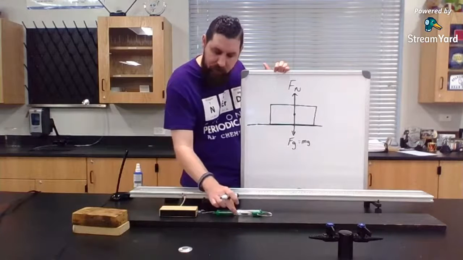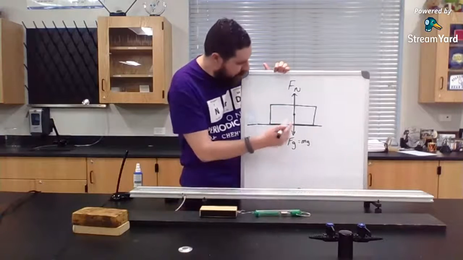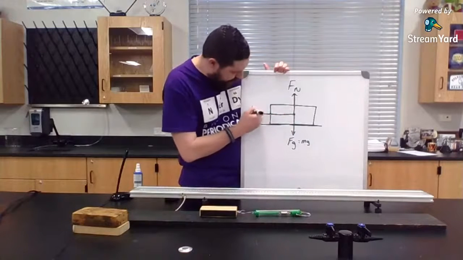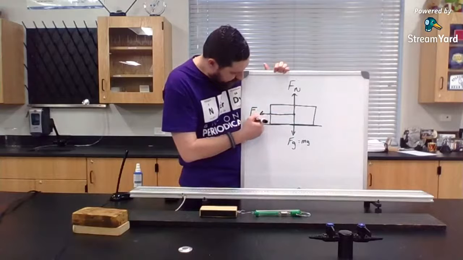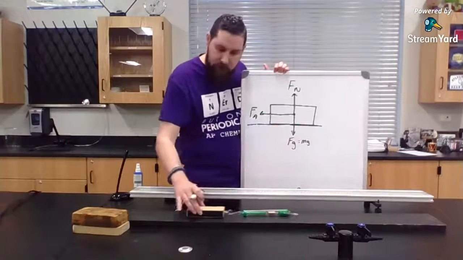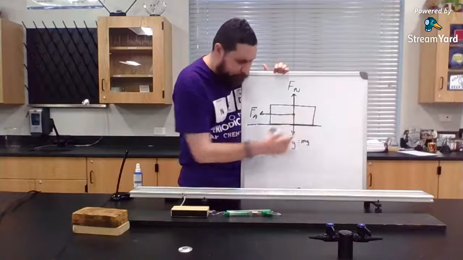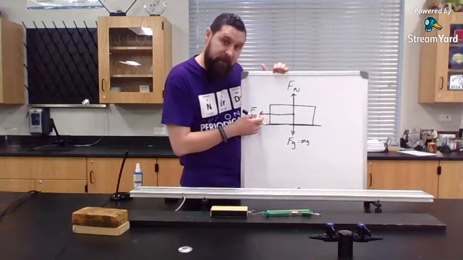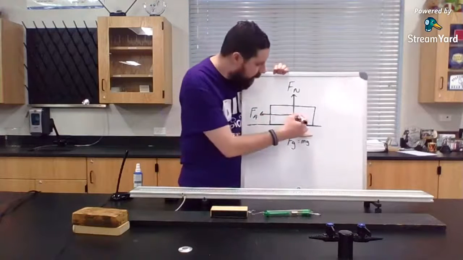Now along the x-axis, this is what's happening. If I apply a force to get this moving, I'm going to call this force applied, there's now a frictional force. And the idea is this: because it's moving, that frictional force has to be less than the force applied.